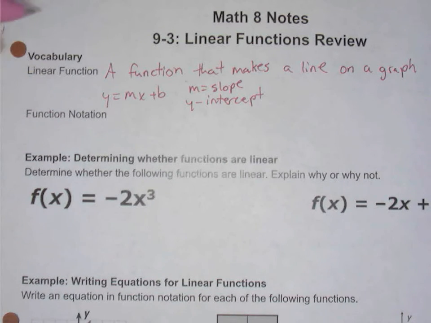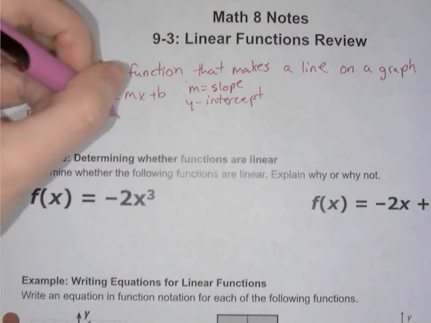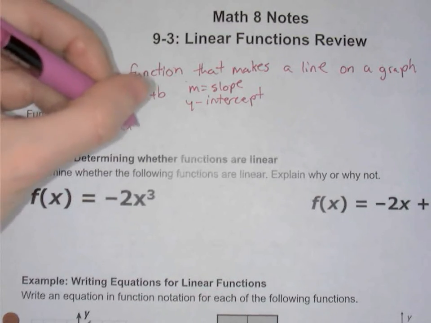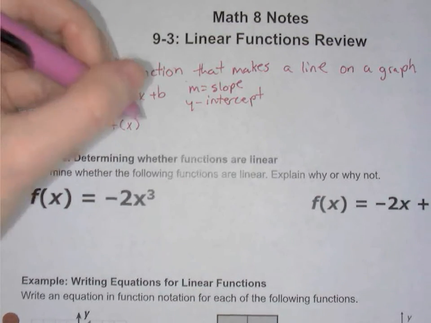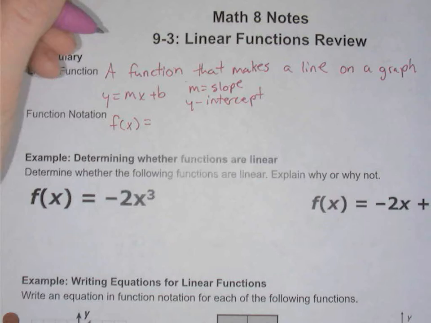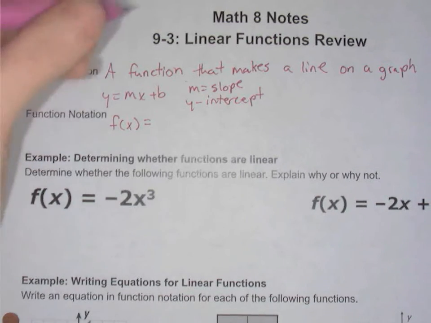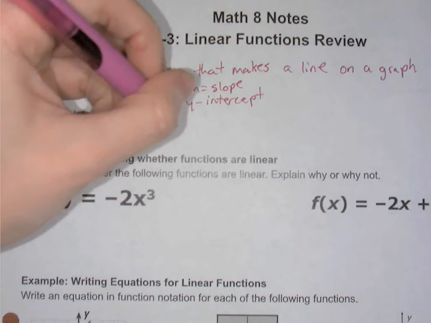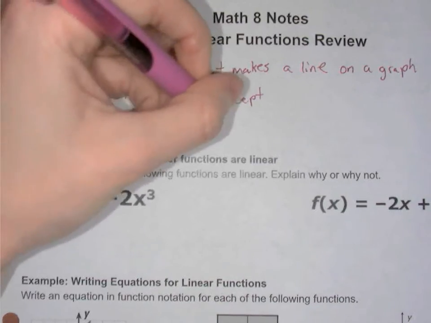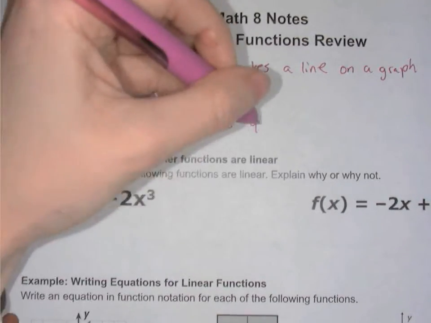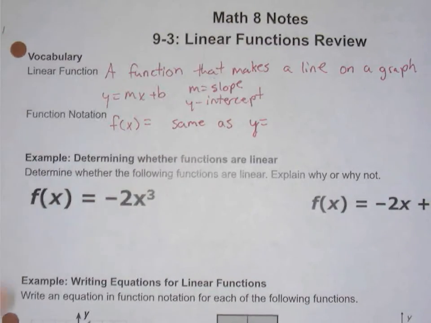So in function notation, you will see things written as f of x. So f(x) in parentheses is pronounced f of x, and f of x is the same thing as y equals. So y equals and f of x equals mean the same.